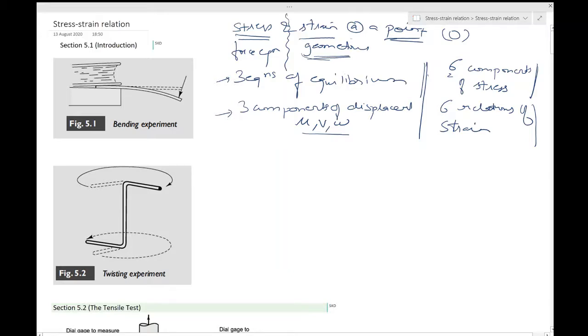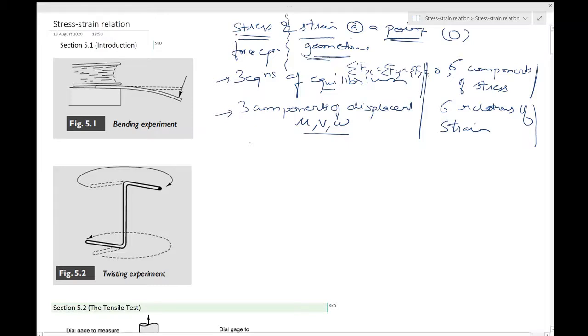The 3 equations of equilibrium are one each in the direction: in the x direction one equation, in the y direction and the z direction one equation each. But definitely go and check back in the theory to ensure that.